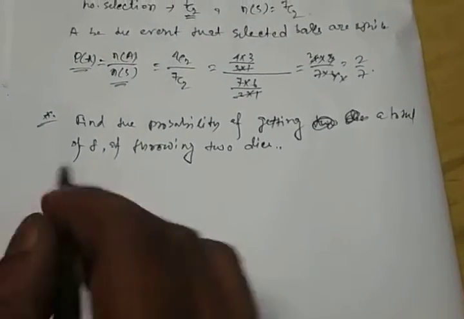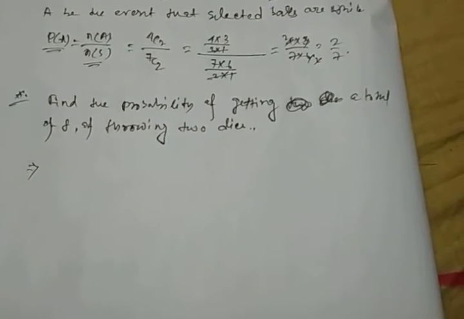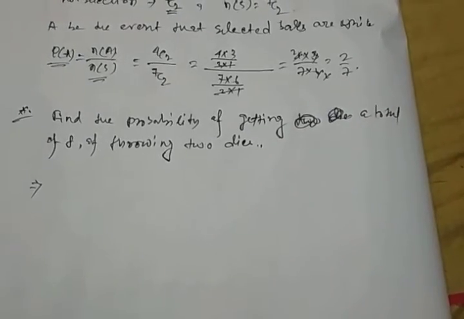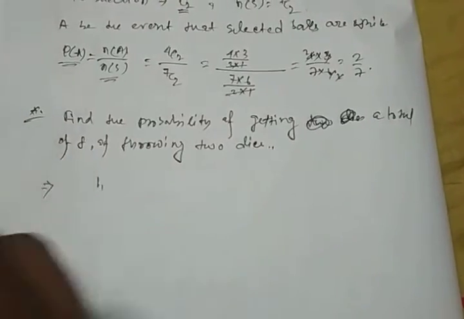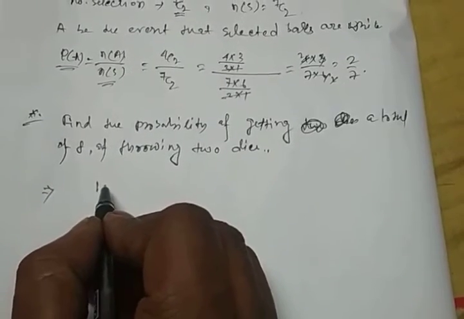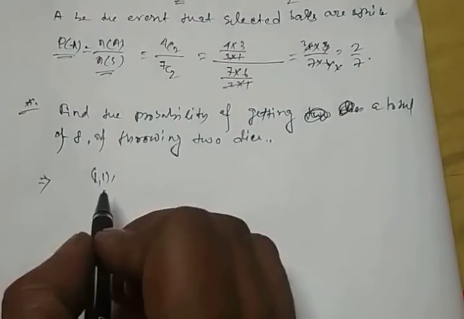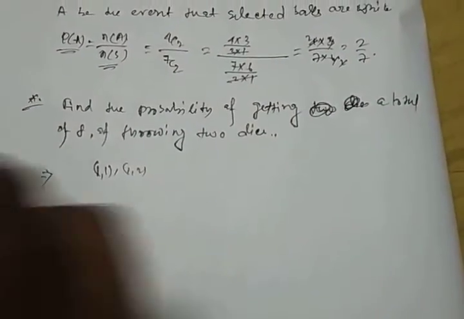So first we have to find the total number of outcomes. If I throw two dice simultaneously, the outcomes will be: first die can have 1 and from the second die 1. So 1 1 will be an event. Also first die 1, second die 2, this will also be an event.